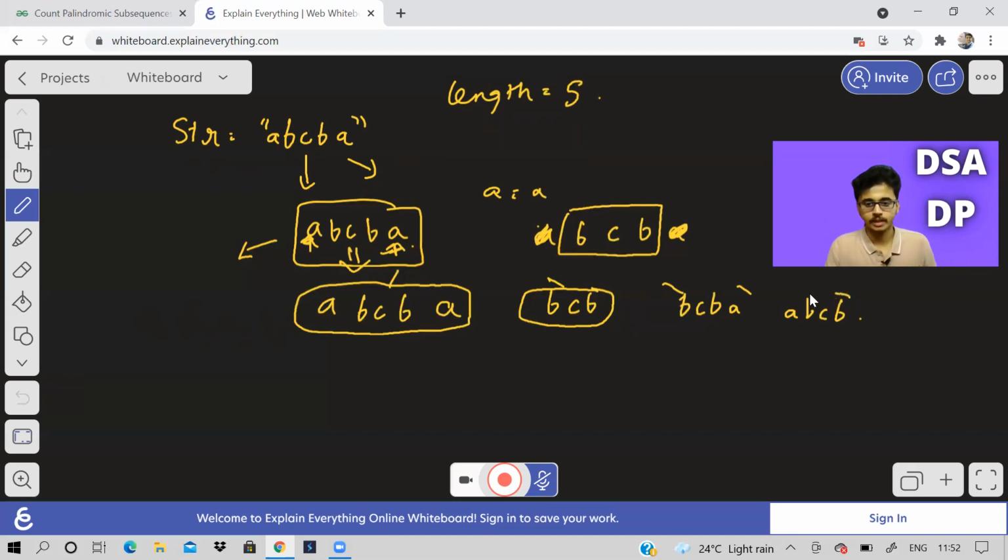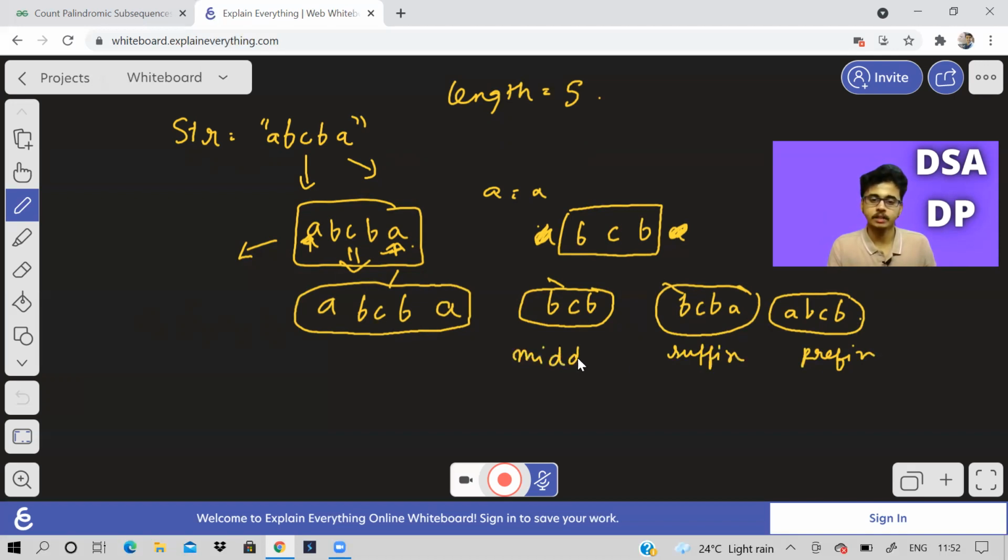And there are 2 more things. Either we take first character with the middle part, or the last character with the middle part. So this can be something like a prefix, and this can be something like a suffix, and this can be a middle part, and this can be the total, the full length.